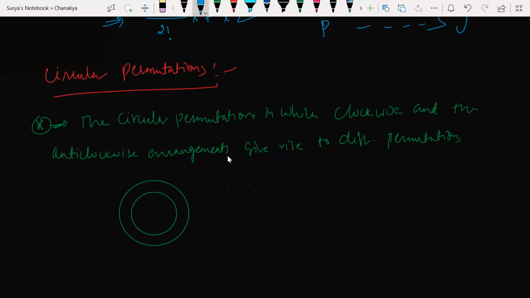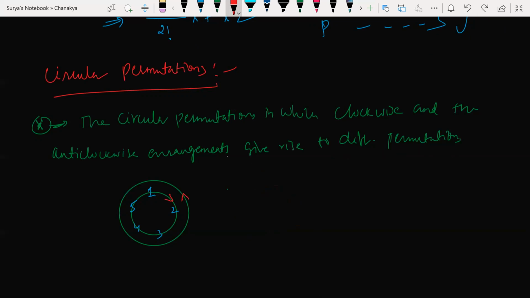Let's say that there are 1, 2, 3, 4, 5 people sitting at a round table, in a circular way. They can face in the anti-clockwise direction as well as the clockwise direction, isn't it? They can be seated like this, they can be seated like this as well. Both sides they can face. There are two possibilities, isn't it? They can sit however they want. So there are chances of sitting in clockwise direction and anti-clockwise direction.